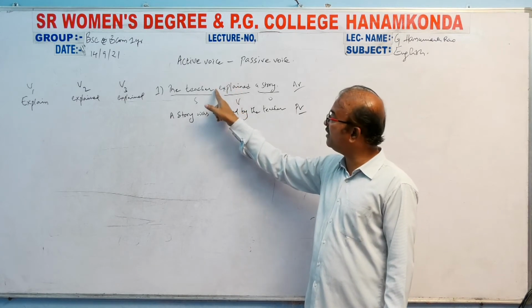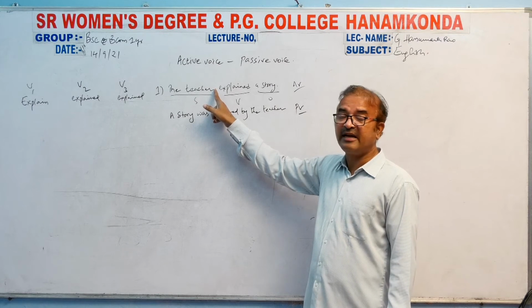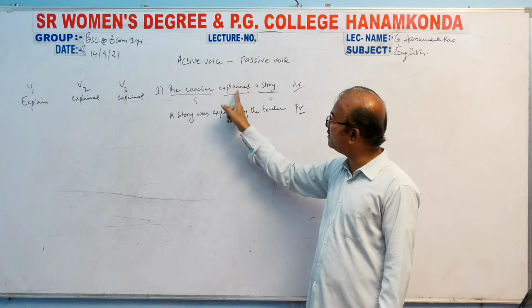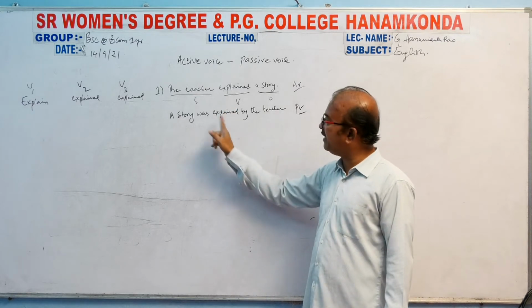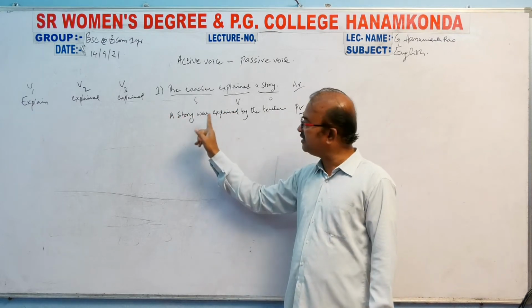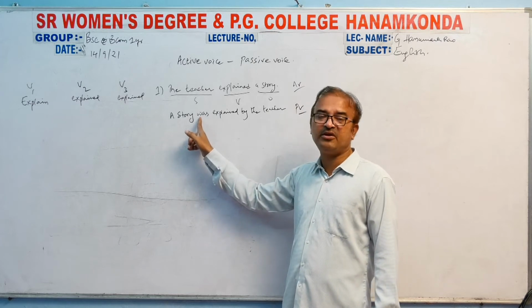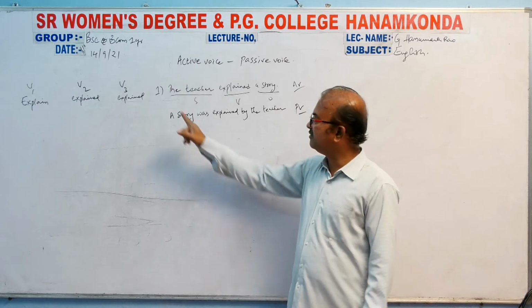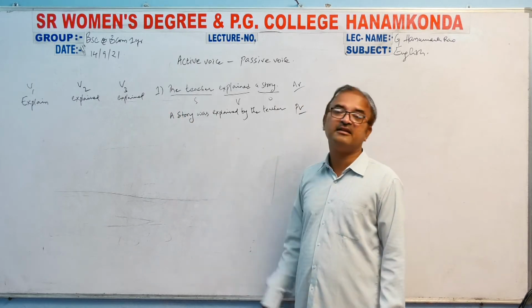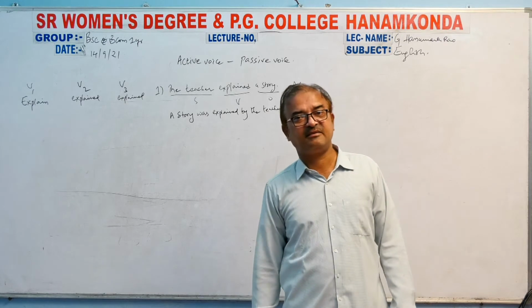There is nothing before this verb. Any helping verb is not available. That's why this becomes past tense. And here, the same explained is preceded by was. Because of the presence of this was, explained should be understood as V3, that is past participle.